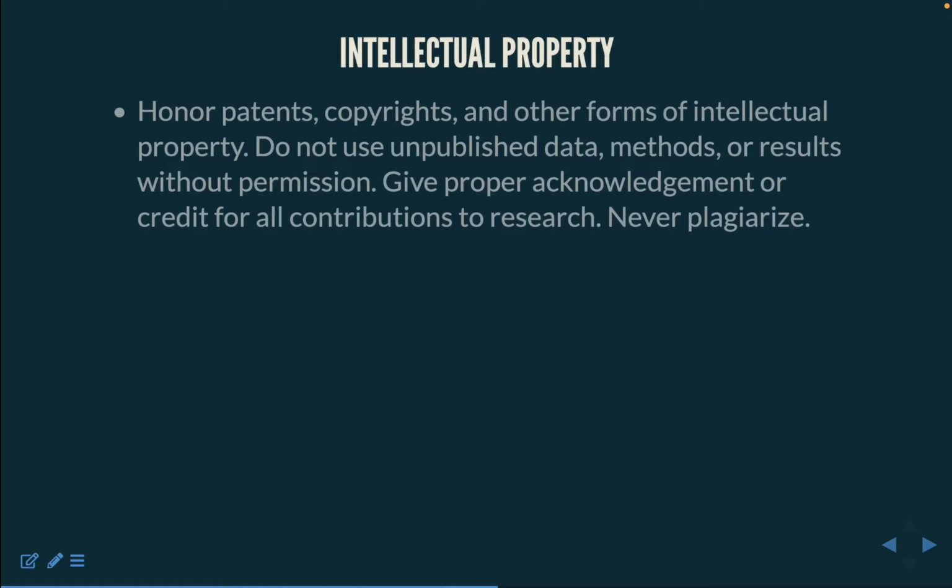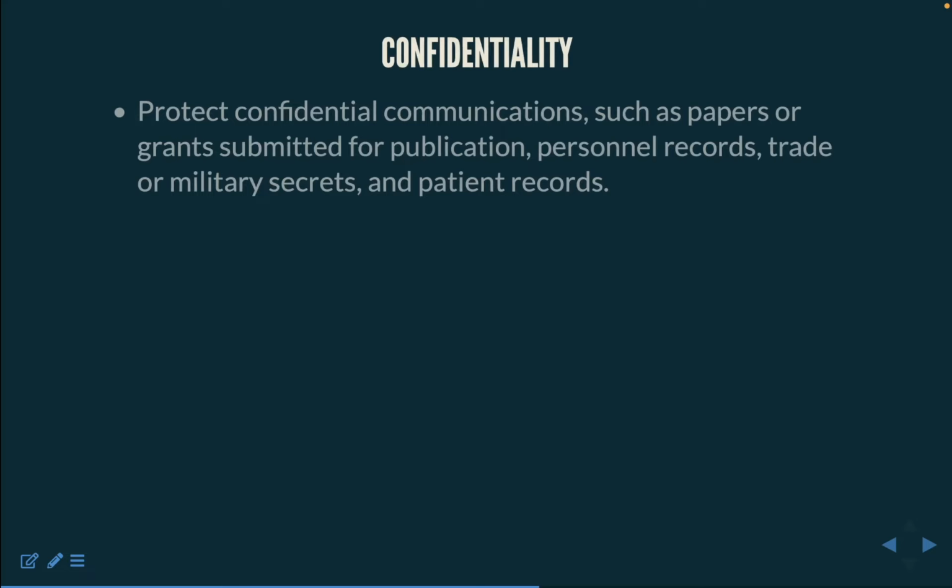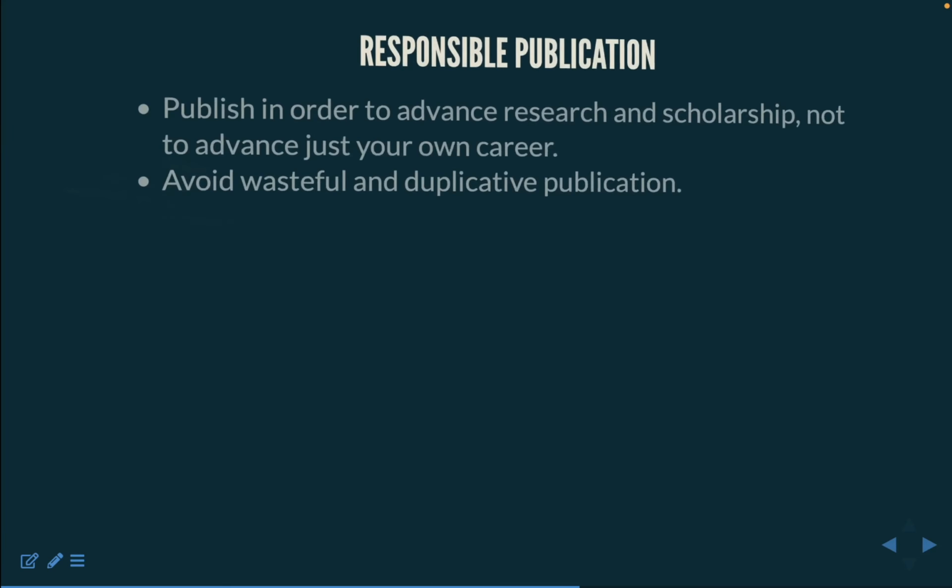Intellectual property. Honor patents, copyrights, and other forms of intellectual property. Do not use unpublished data, methods, or results without permission. Give proper acknowledgement or credit to all contributions to the research and never plagiarize. Protect confidential communications. So this is all about confidentiality, such as papers or grants submitted for publication, personal records, trade or military secrets, and patent records.